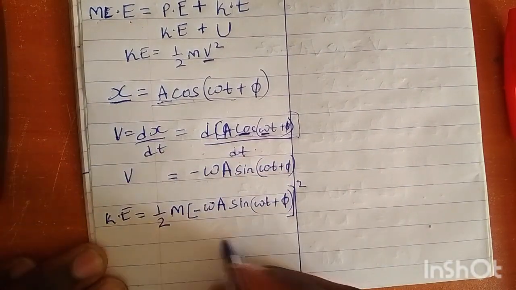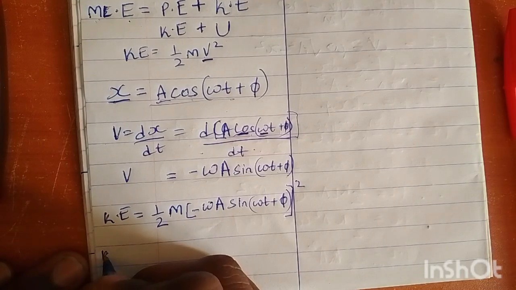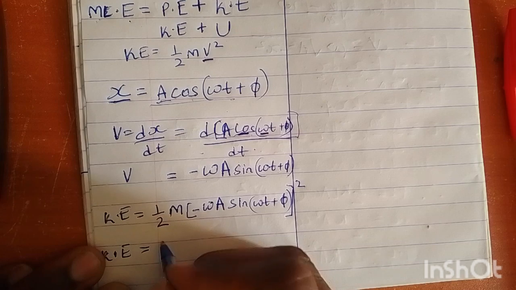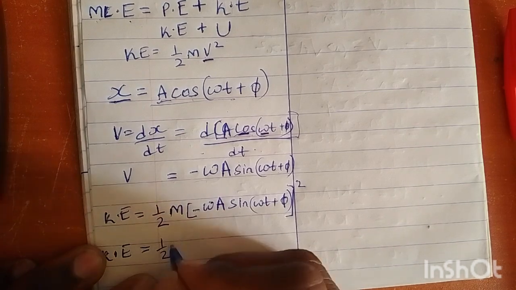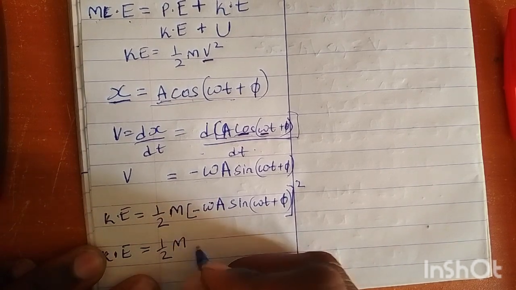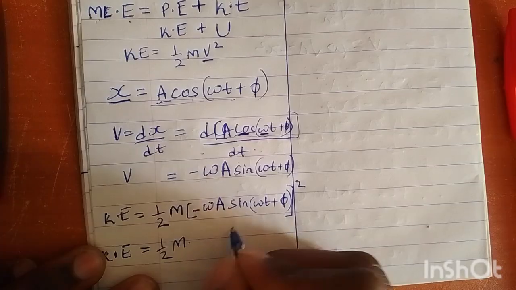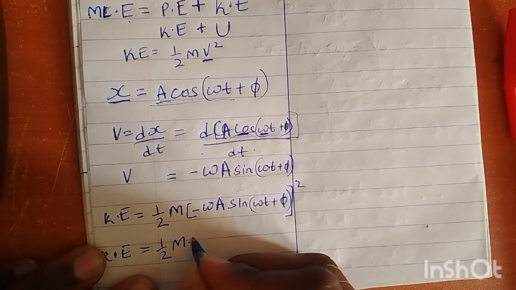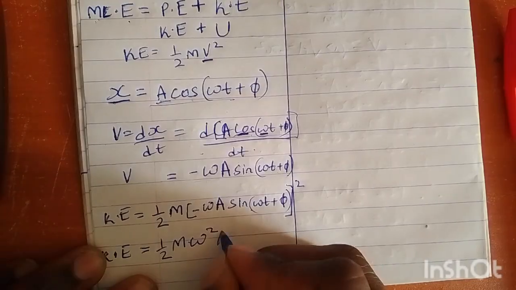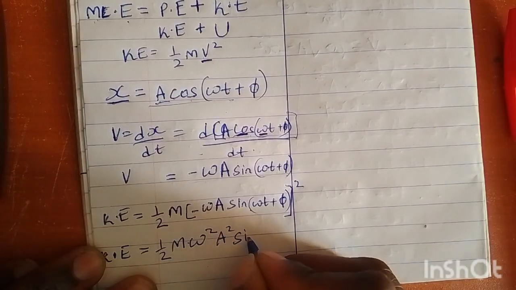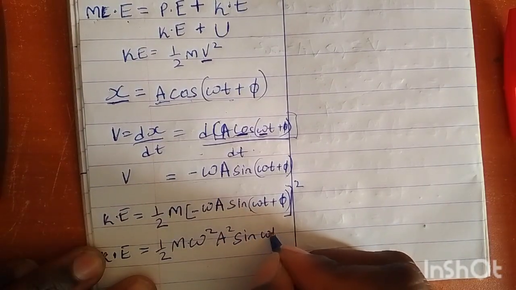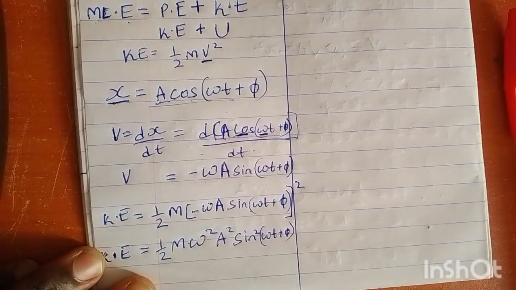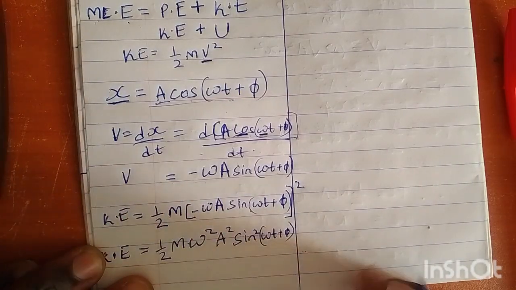After squaring, you get that the kinetic energy is equal to half m omega squared A squared sin squared(omega t plus phi). Now that will be your function.